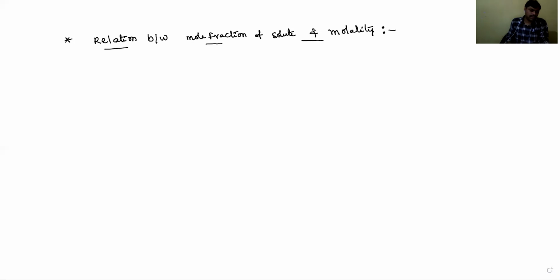Okay, students, what is the relation, dear student? The mole fraction of solute. These formulas we need to remember directly.